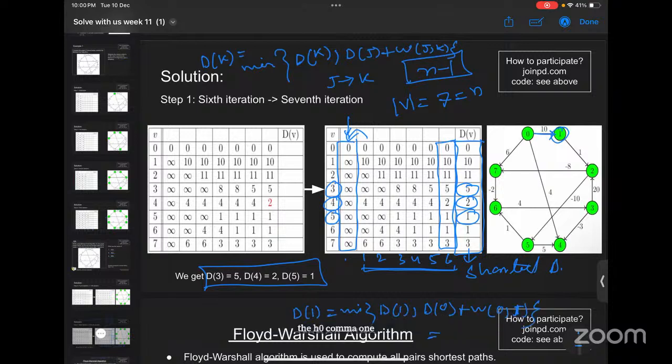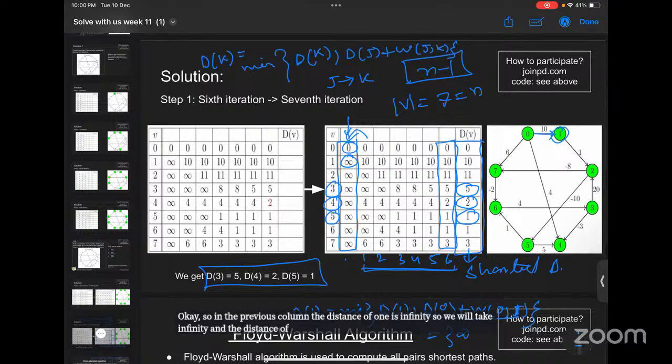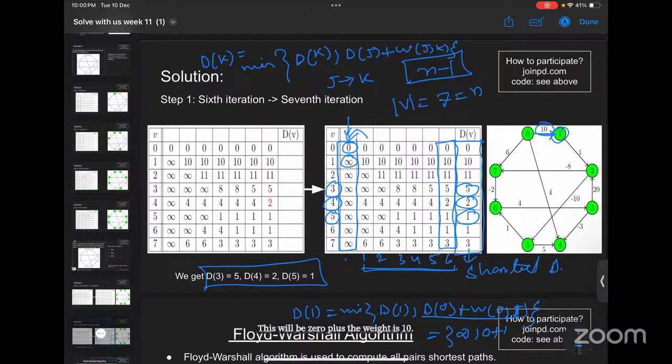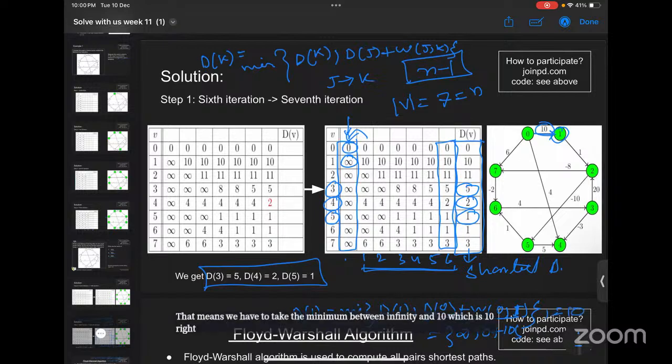The data we will collect from the previous column. So in the previous column the distance of 1 is infinity, so we will take infinity, and the distance of 0 is 0. So this will be 0 plus the weight 10. That means we have to take the minimum between infinity and 10, which is 10, right? So in the next step, we will update the distance as 10.